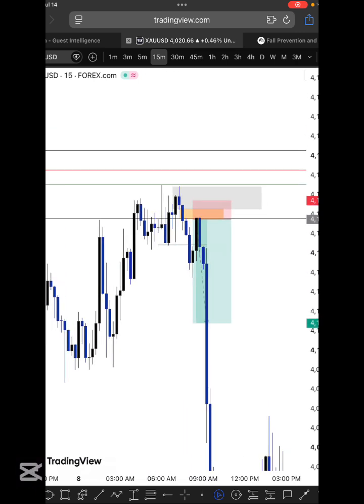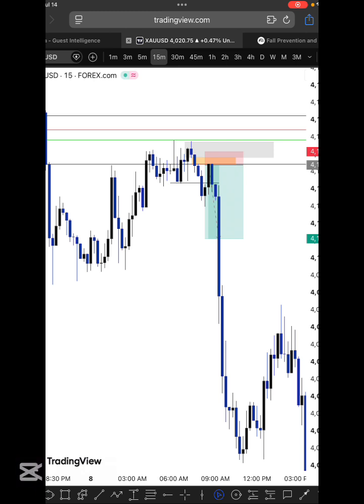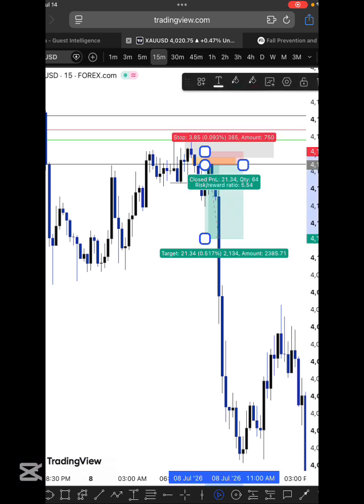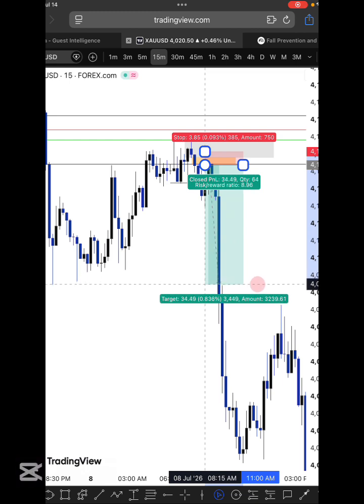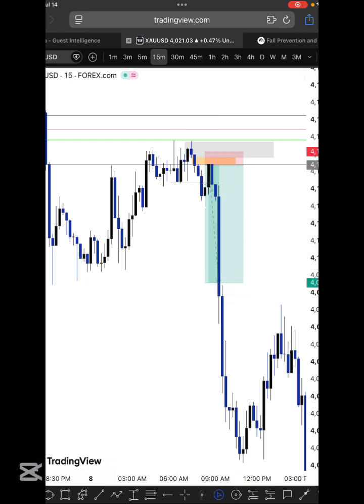So fair value gap is a continuation strategy, and that's why you don't even hold it for too long. You can probably just take 1 to 3, 1 to 4, and say, let me just target up to this point, and you are good. Because market can just reach here and start returning gradually, coming for this order block.